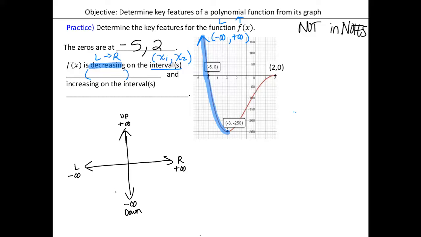So again, the start of the blue to the end of the blue, you're looking at the x-coordinates. Okay, ready? All right, I'm about to call people. So tell me, what is your coordinate point for decreasing?